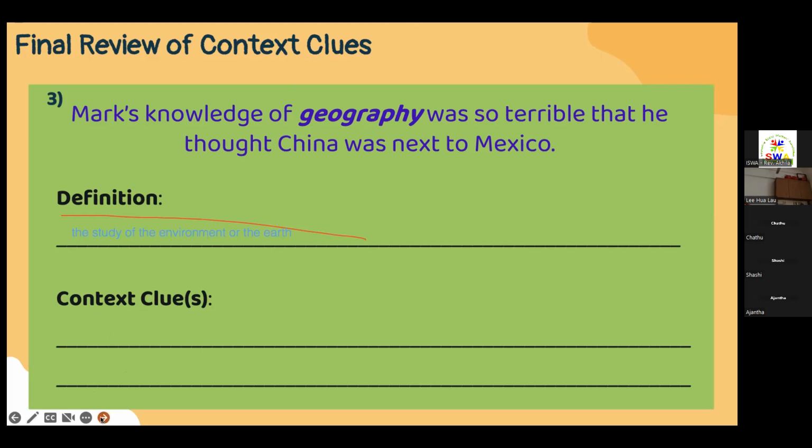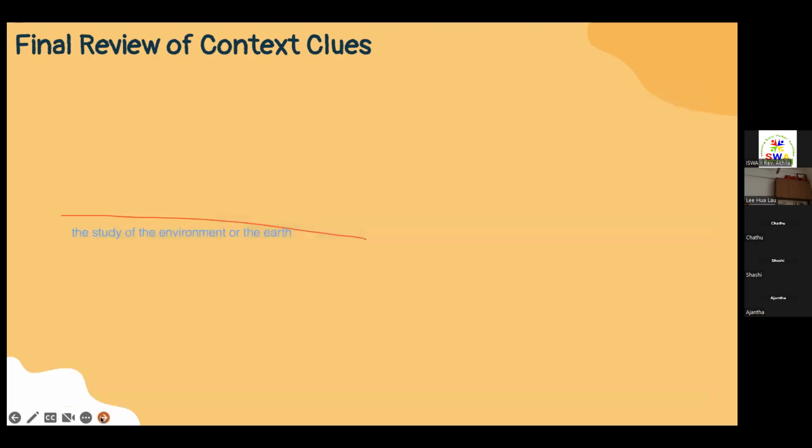So now we move on to the next sentence. A hopefully simpler one. Let's see.